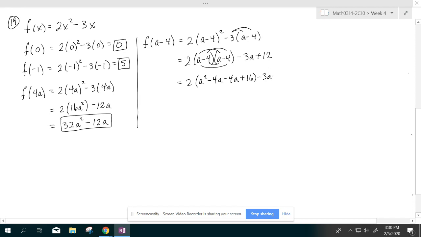Minus 3a plus 12 comes down. And now I can go ahead and distribute my 2. So that's going to be 2a squared minus 16a plus 32 minus 3a plus 12.